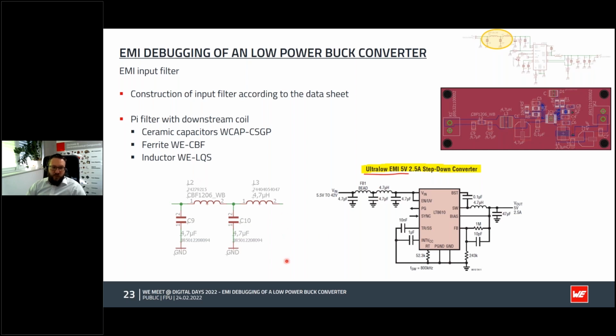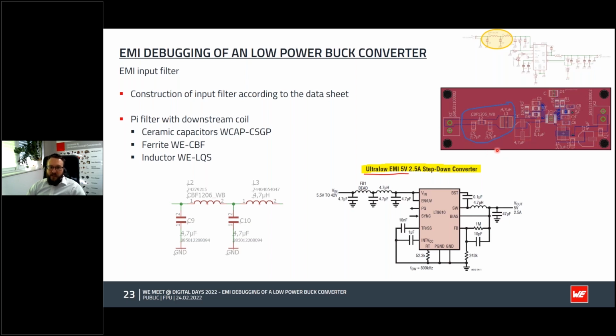We built it up, so we have all components available with ceramic capacitors, ferrites, and also an inductor, and we place it here in the green circle. So this is now our input filter.